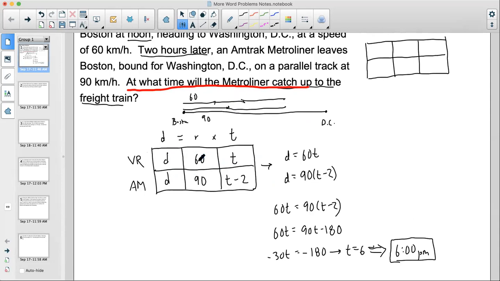To me, the trickiest part of this is the t and the t minus 2, to realize that 2 hours later means that this second train traveled for 2 hours less time than this one did. And then you set up your equations, you solve. Doing either method would work, but I think substitution was easier here. And then you get an answer, and it is important to reframe it in the context of the problem. Actually understand what t equals 6 means: 6 p.m.